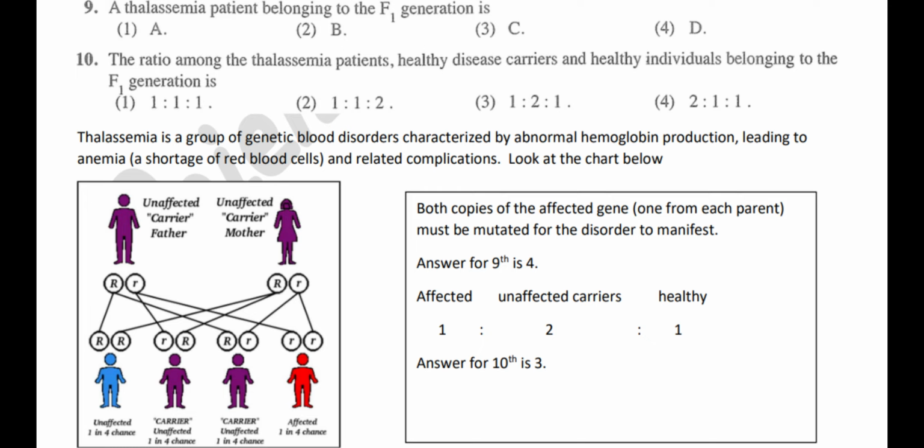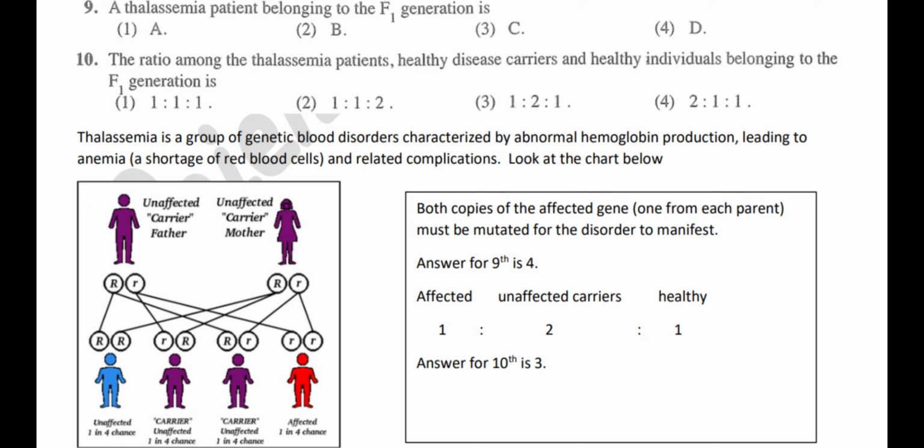So the dad's capital R goes with the mom's capital R. It becomes RR, which is an unaffected one. It's a 1 in 4 chance. Then the father's capital R goes with the mother's small r, giving R and r, which is a carrier child.